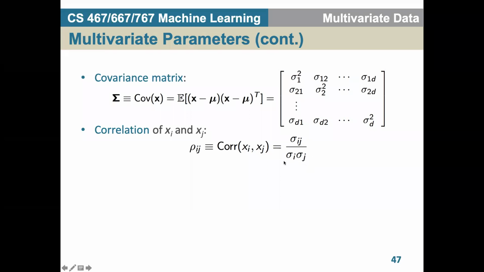This gives us a concept called correlation, which we will often write as rho ij, or you say CORR instead of COV. COV is covariance, CORR is correlation. If you see just COR, it also means correlation, most of the time.